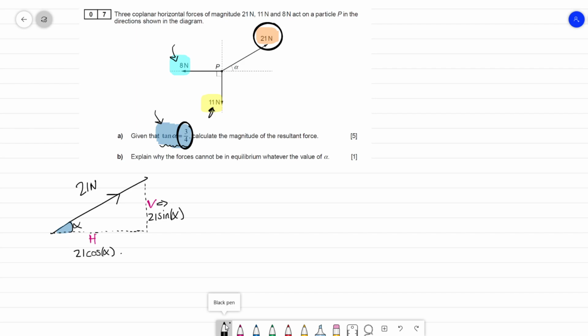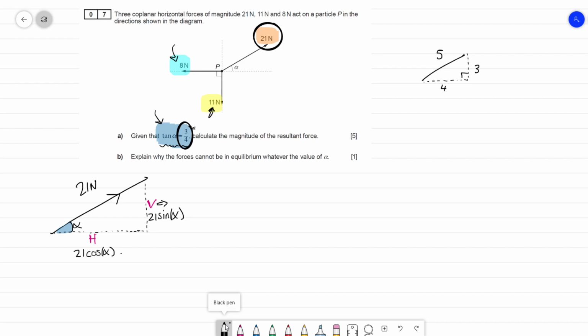Now, I mentioned earlier this 3/4 is a specific ratio. You can consider what we call a 3-4-5 triangle. You might have come across it in Pythagoras before. If you have a triangle where the hypotenuse is 5, the other sides could be 3 and 4.